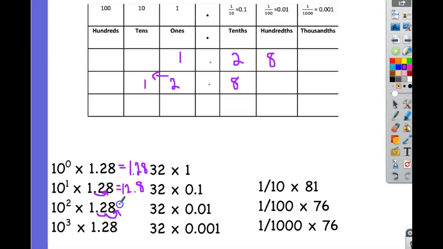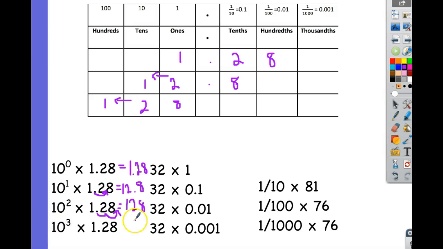And that's going to make the number 128. And don't forget, that basically means that I'm moving this over 1 more time on my place value chart to make it 128. Okay, so that's pretty simple.